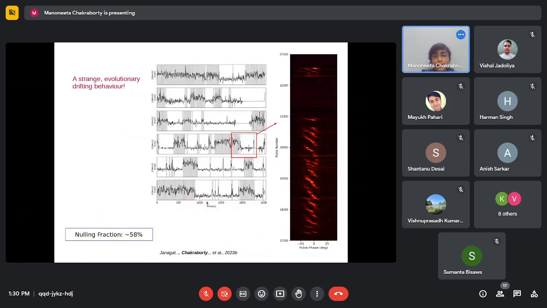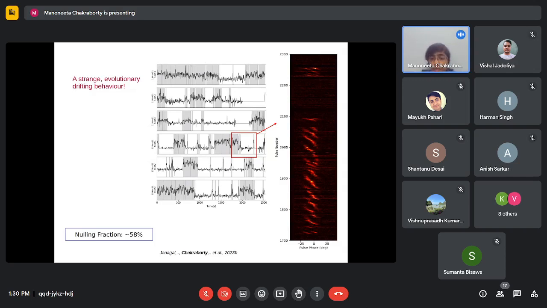Not just that, we saw that this carousel behavior, this drifting behavior, can also be very different from pulsar to pulsar. We see that for a recently discovered pulsar. Here you can see the pulse emission as a function of time over different observations. There are a few things to note here. One is the gray regions are the regions where the pulsar was emitting.